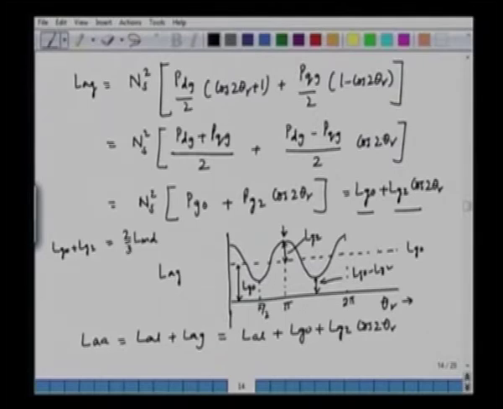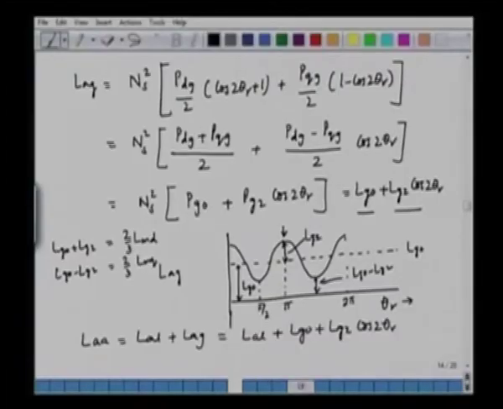And similarly, Lg0 minus Lg2 is the q axis magnetizing inductance, and that is equal to 2 by 3 times LMQ. LMQ is the magnetizing inductance in the q axis. So, when we are talking about the q axis inductance, we have to take Lg0 minus Lg2.